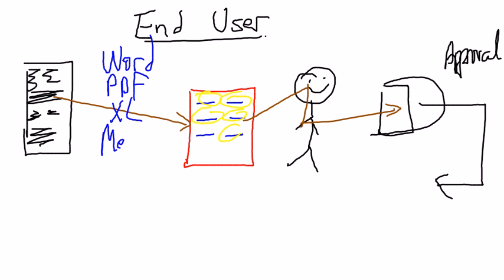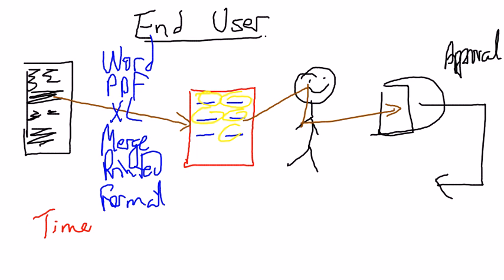They have to merge documents that they've printed. They have to format them. So all of this work takes time and costs them money, both cash for salaries and opportunity, certainly leading to some kind of a conflict.